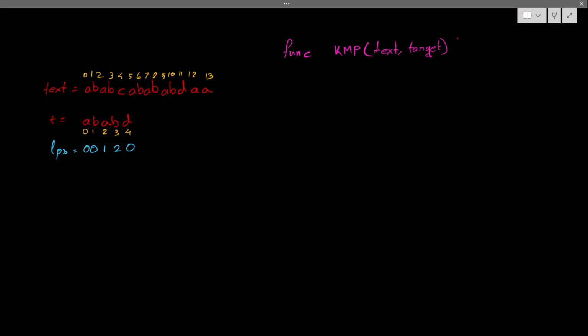So simple. We first calculate the size of the text and target. Let's say n equals text dot length, and m equals target dot length.